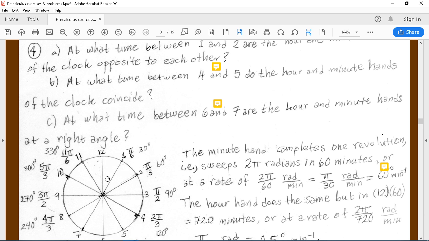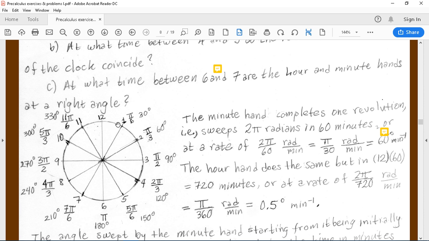Okay, so with respect to the 12 mark, the 1 mark is at pi/6 radians, which is 30 degrees. The 2 mark is at pi/3 radians from the 12 mark, which is 60 degrees.